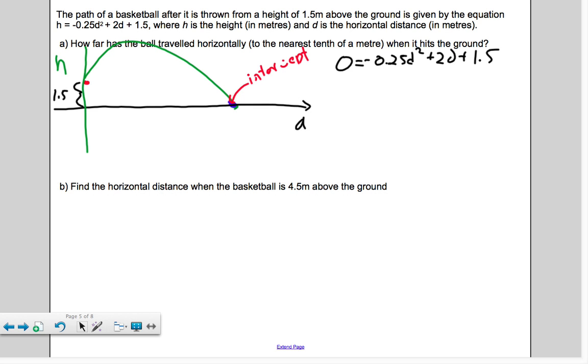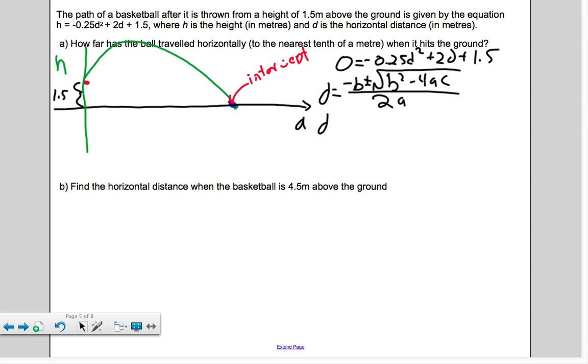So let's go off and plug this in. d is equal to minus b plus or minus the square root of b squared minus 4ac, all over 2a.